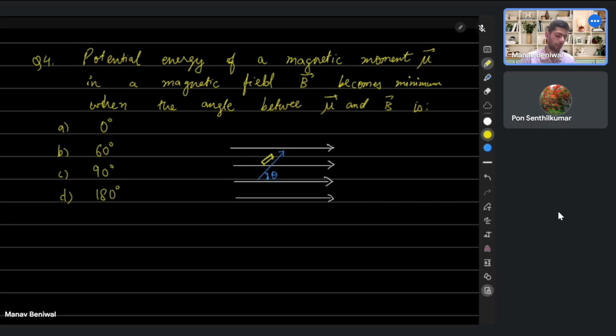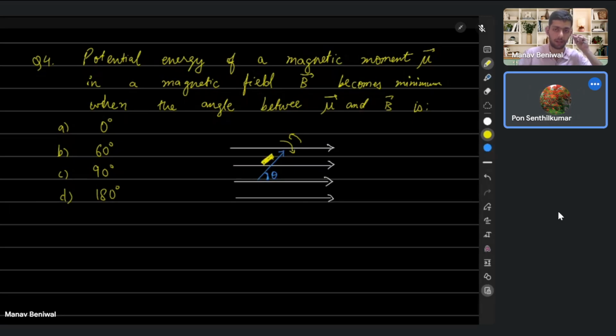Now, when you keep it in a magnetic field, what will it try to do? Will it rotate in this direction, which is clockwise, or will it rotate in this direction? You have kept your bar magnet here in a magnetic field, which is drawn by the white lines. Will it rotate clockwise or anti-clockwise?